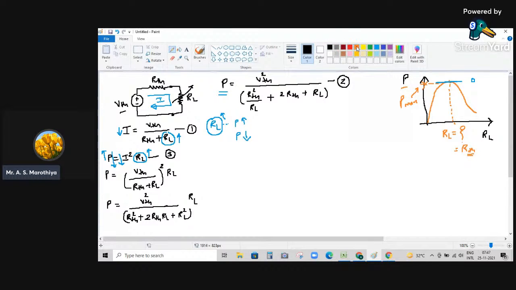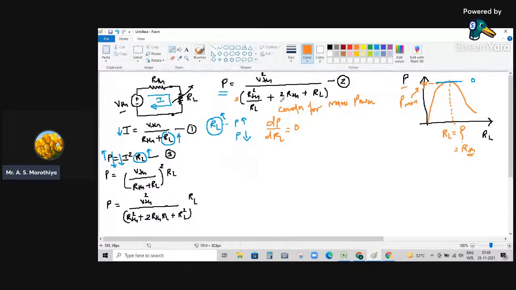So to find the condition for maximum power, we need to take dP by dRL equal to 0. Or we take the derivative of this denominator function with respect to RL and equate that term to 0, because to have P at maximum, this denominator has to be at minimum.